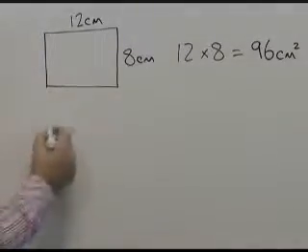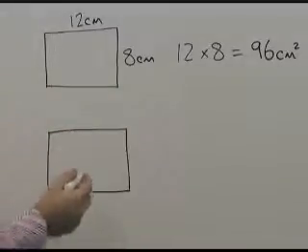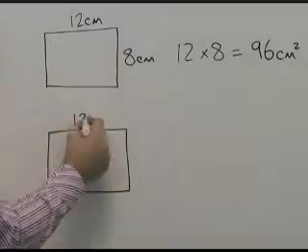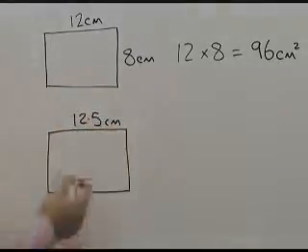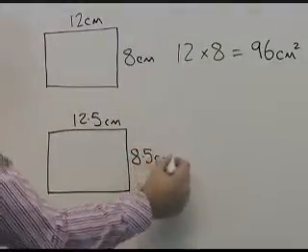So you've got to say to yourself, what's the biggest number 12 centimetres could be in order to get rounded to 12 centimetres? Well, we say that that upper bound will be 12.5 centimetres, and 8 centimetres would be 8.5 centimetres.